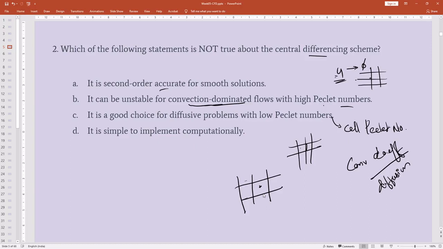Is that particular region under the influence of convection or diffusion? That is mostly found by this Peclet number, and by this Peclet number condition only we can move forward with the problem. So the thing is, central differencing schemes are unstable for convection dominated flows with high Peclet numbers. That's option B is our solution.